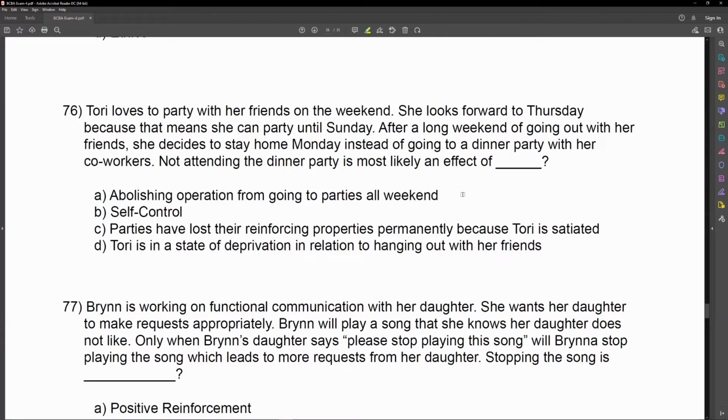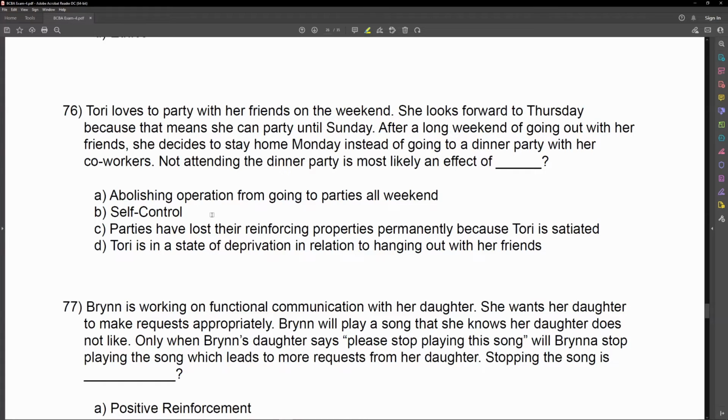That seems logical, right? So she became satiated on these parties. The value of parties was reduced. Therefore, on Monday, she didn't go to the party. So an abolishing operation due to partying all weekend seems likely. A looks pretty good. Let's see if we can find a better answer.